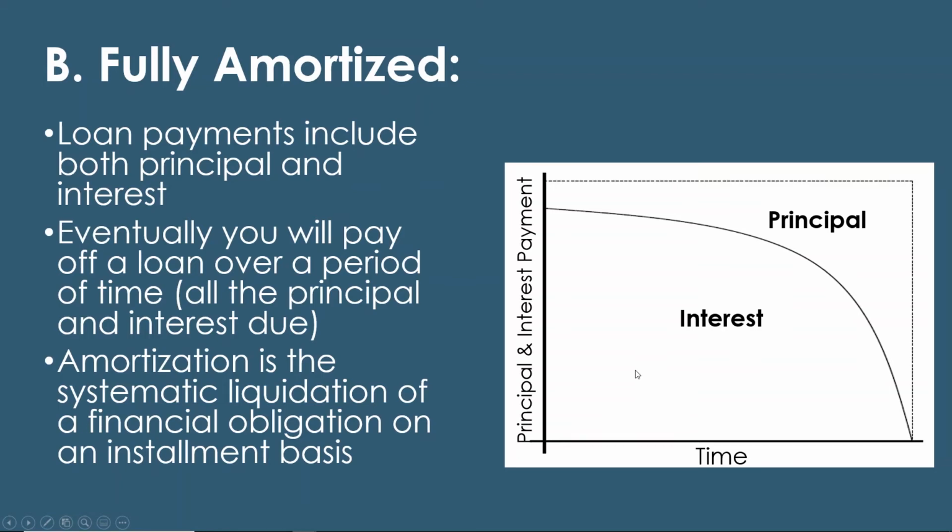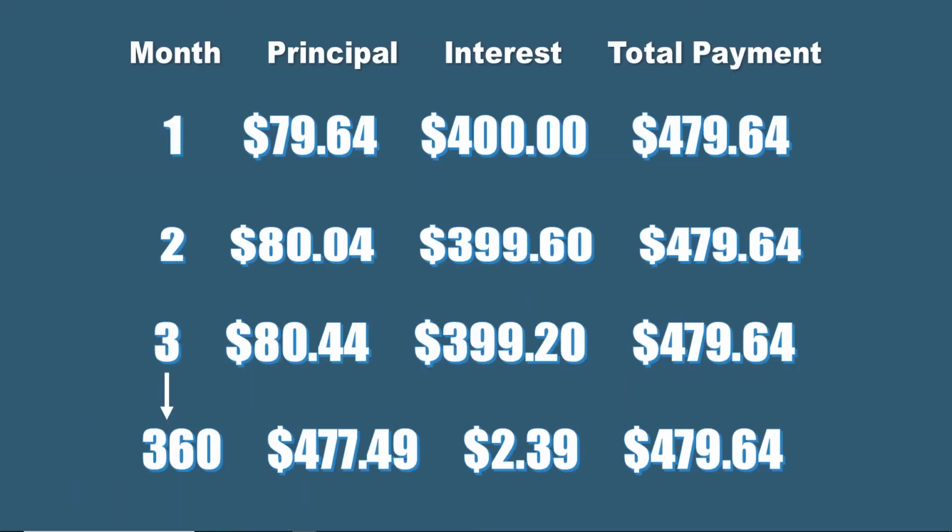Because remember, interest is basically just rent for when you're borrowing money, and the lender wants to make sure to collect it. That's why fully amortized loans are so popular, because it's a very systematic liquidation of your loan.